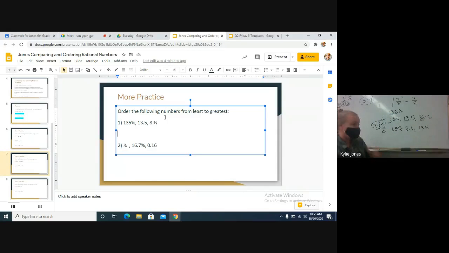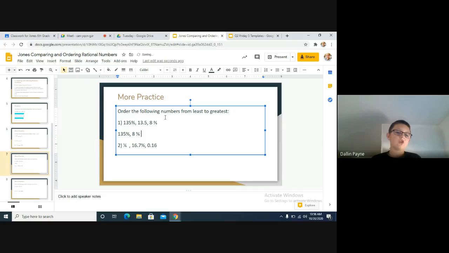Okay. So now that we have these in the correct order, we need to rewrite them using their original format. 1.35 was not what it was originally. What was it originally? 135%. So that's our first one. Then we have 8.6. But again, that's not what it was originally. What was it originally? 8 3/5.